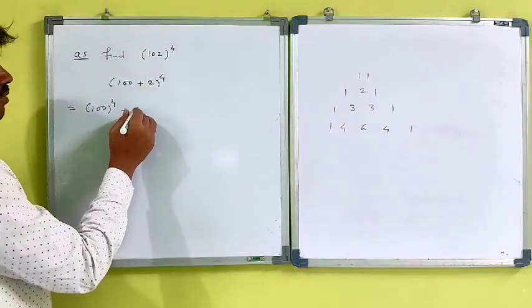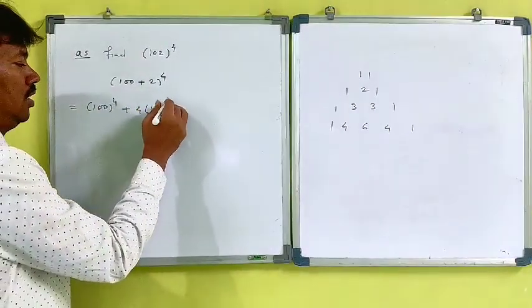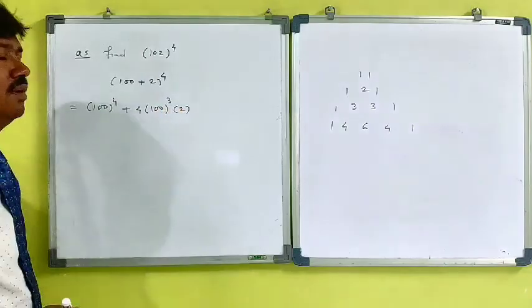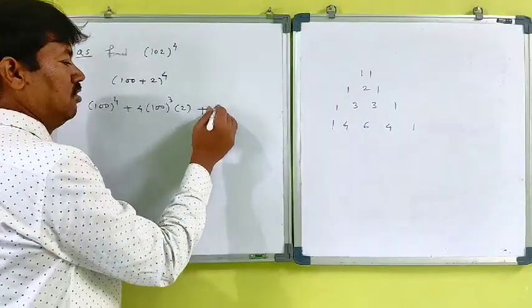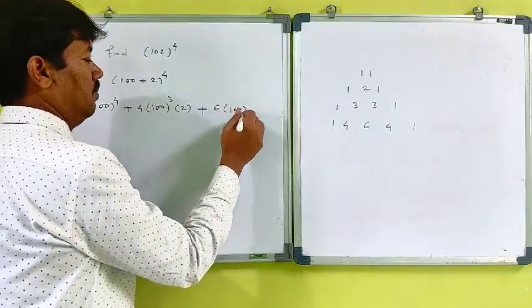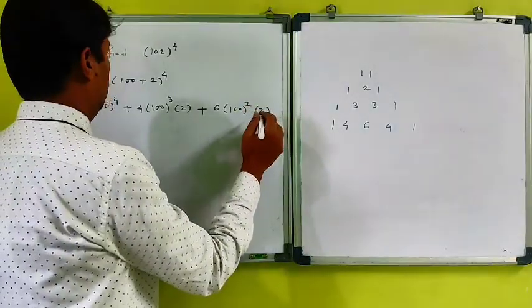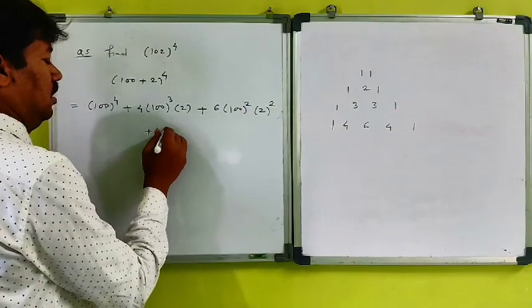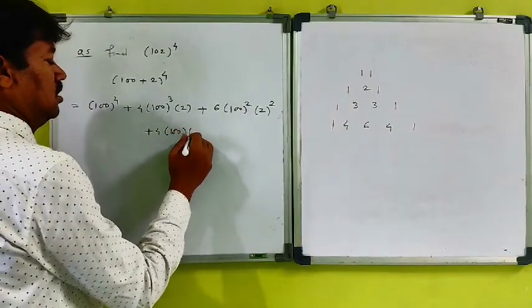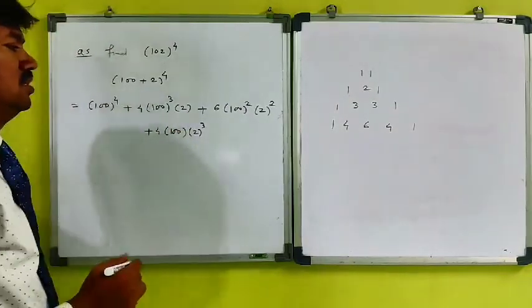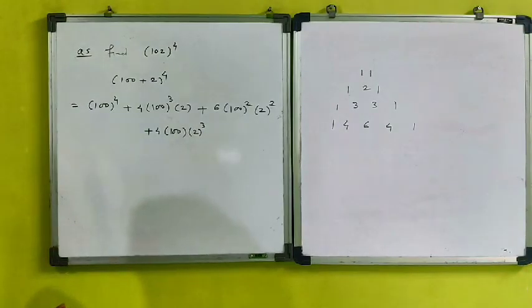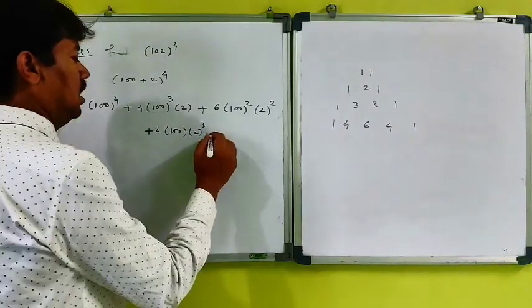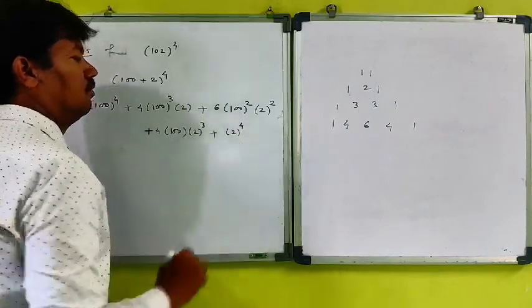For the next coefficient 4, the 100 power decreases, the 2 power increases. Next coefficient 6, 100 power decreases, 2 power increases. Next is 4, 100 power further decreases, 2 power increases. Then the last is 2 raised to 4.